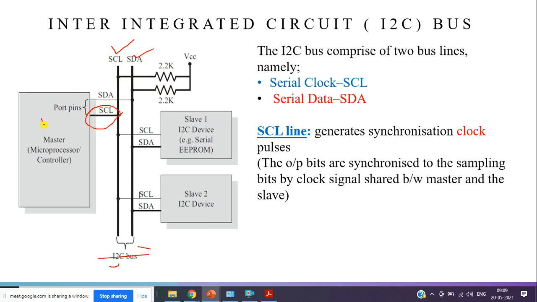You can observe that the clock is attached to the microcontroller, and we always call this microcontroller or microprocessor the master device. So this clock is always generated by the master device itself. The master device generates the clock, and the output bits are synchronized to sampling between the clock cycles between the master and the slave.